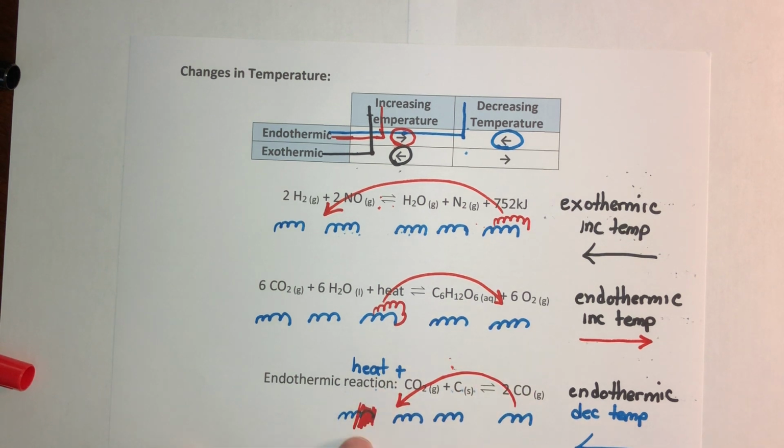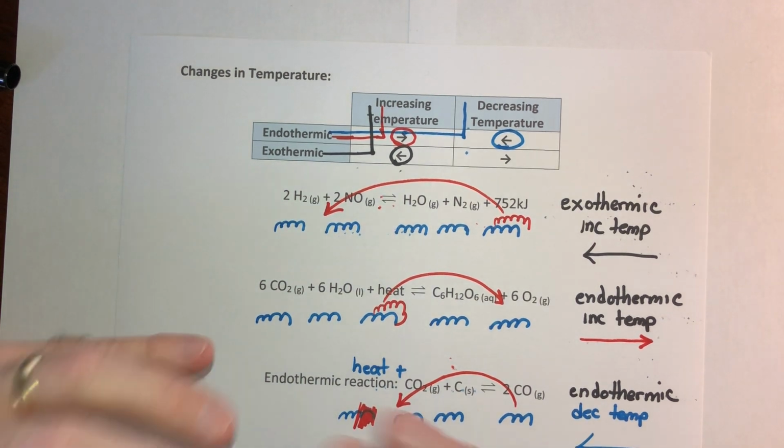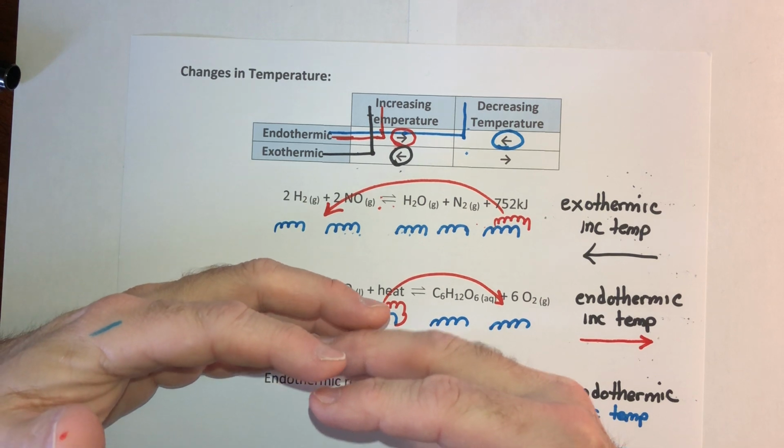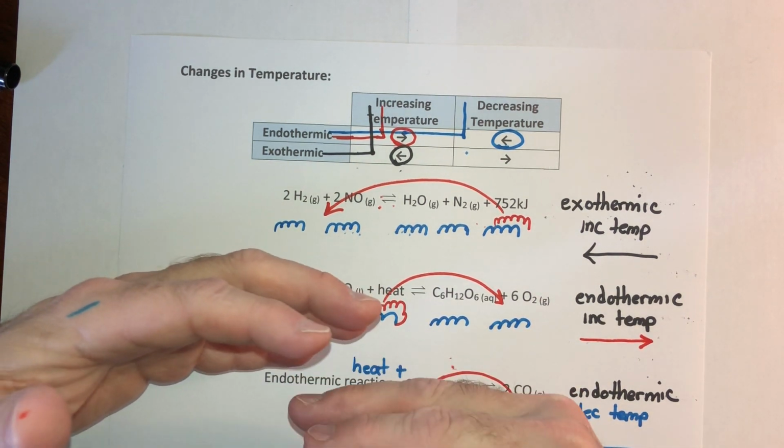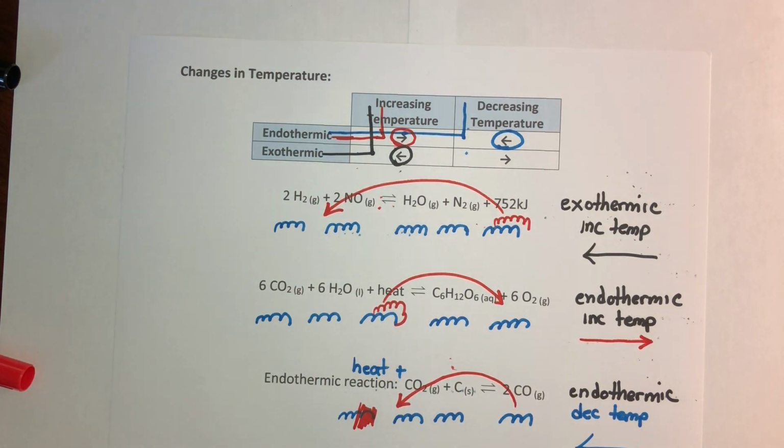Because it's going this way. So you will replace the heat that you lost. But you're also going to increase the amount of carbon dioxide, you're going to increase the amount of carbon, and you're going to drop the amount of carbon monoxide, right? Because if you go backwards, you're using up products. So you're going to undo the change, but you never get back to where you started, right? If I had this much heat and I dropped it, by going backwards, I can replace some of it, but I'll never end up back to where I was.